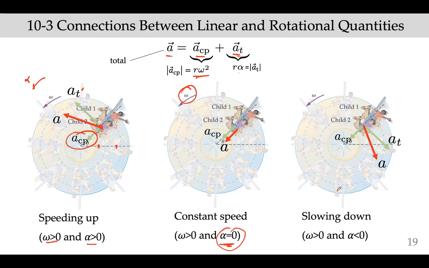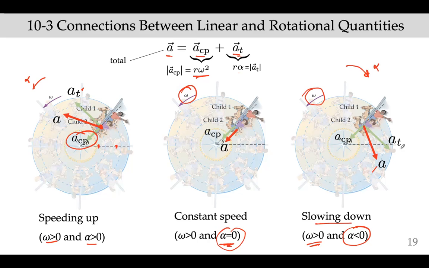Now the last case, we have again counterclockwise rotation. We have the centripetal acceleration as usual towards the center. But if it's slowing down, then the angular acceleration should be in the opposite direction, in this case clockwise, since the rotation is counterclockwise.